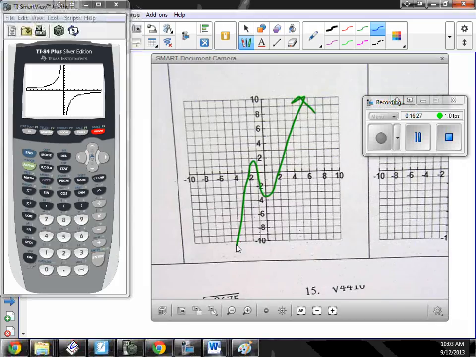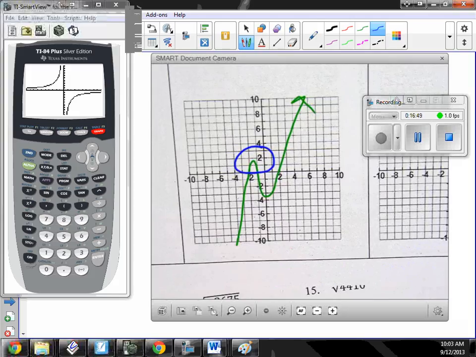So I have this little portion here that's above the x-axis. What is the interval for that positive region? From negative 2 to negative 1. It hits the x-axis at negative 2, it hits it again at negative 1, and everything in the middle is above the x-axis.